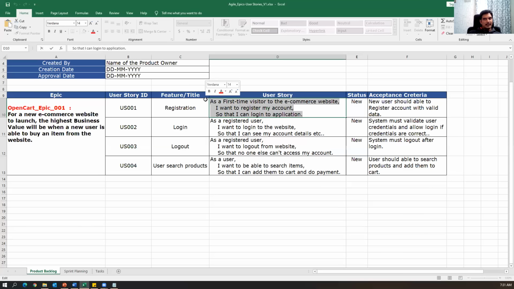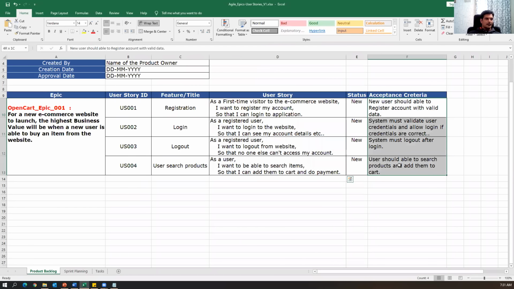And when the customer accepts the story, a new user should be able to register an account with valid data, and that is the acceptance criteria. So every user story is associated with some acceptance criteria. This is one user story.